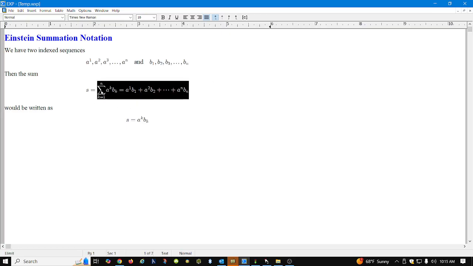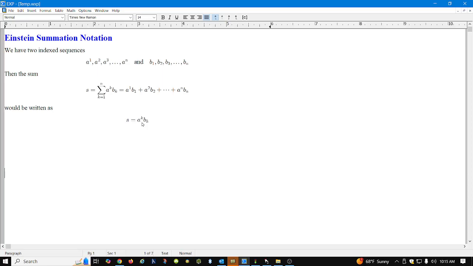If we want to take this sum here, a1b1 plus a2b2 and so on, this is how we would write it in standard summation notation. This is how Albert would write it. Albert was pretty clever, and he was able to deal with the upper and lower indices.